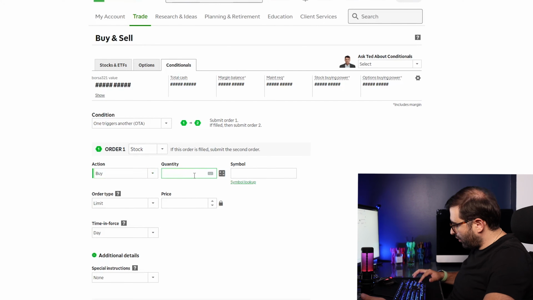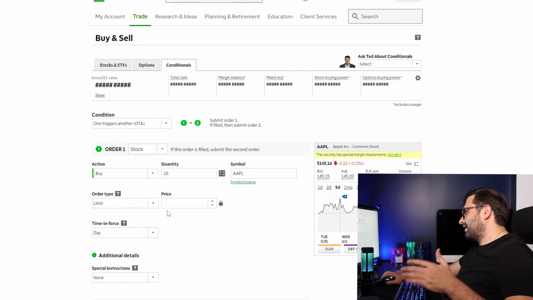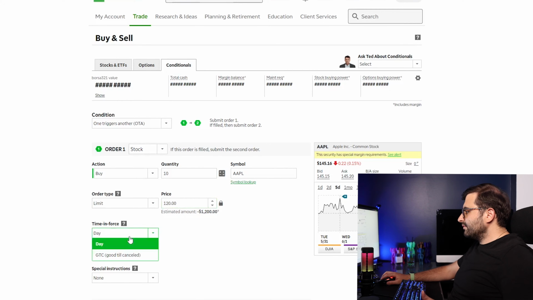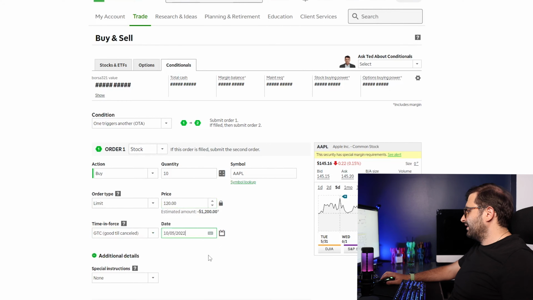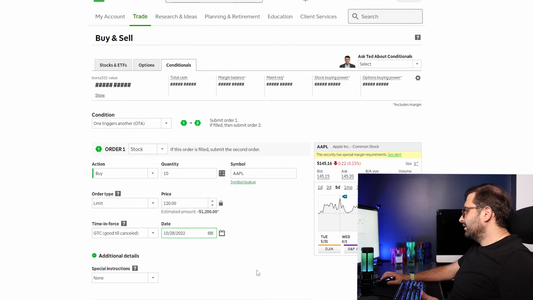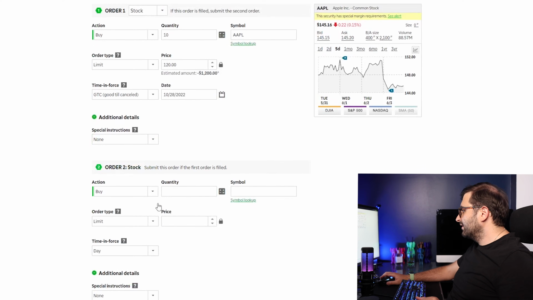So again, let's go with the Apple for the demonstration purposes. I would like to buy 10 Apple from $120. Again, good till cancel, and let's say end of the October. So any special instructions? No, just leave it like none.